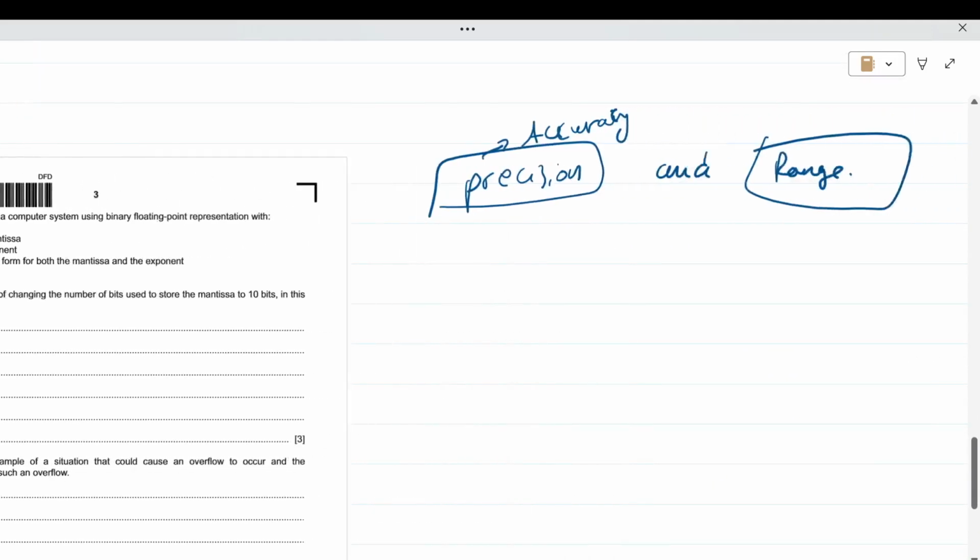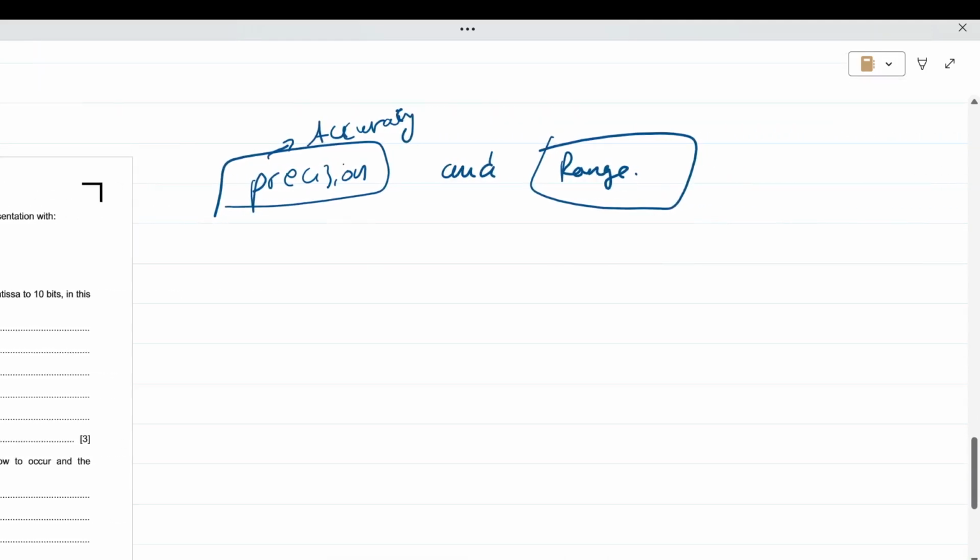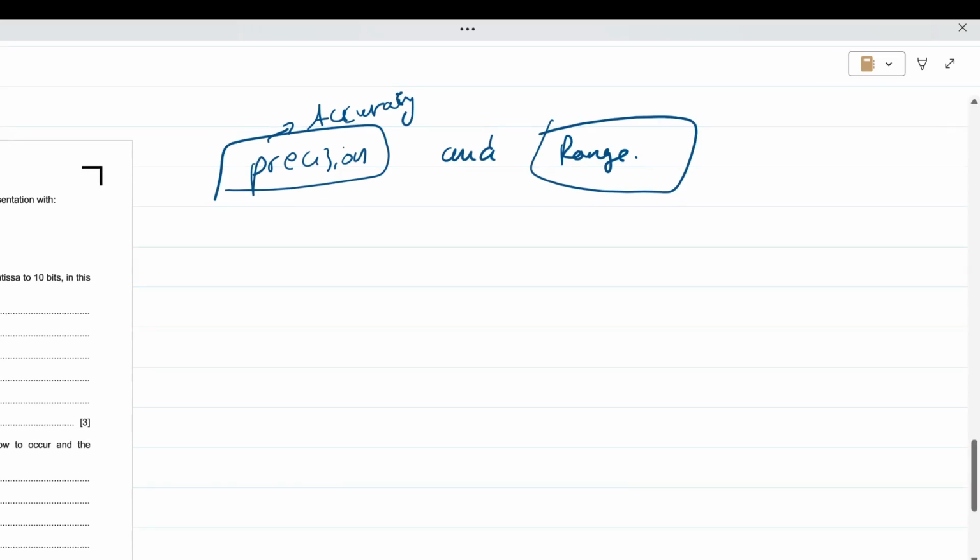The number of bits you use to store the exponent or the mantissa has an impact on the data that is being stored. The only thing you need to keep in your head is that precision has to do with mantissa and range has to do with exponent, right?